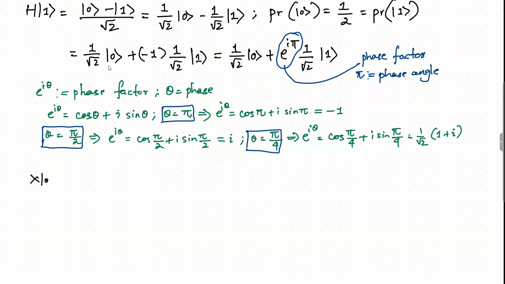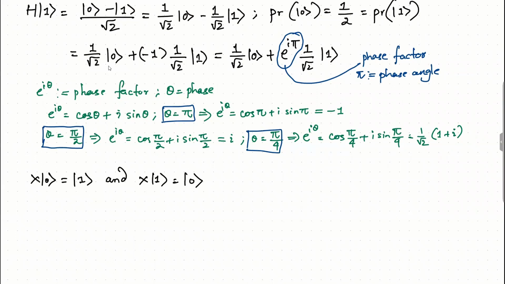The action of the X gate is it makes 0 into 1, and 1 into 0. So it acts as a bit flip gate because it's changing 1 to 0 and 0 to 1. So the X gate is also called the bit flip gate.